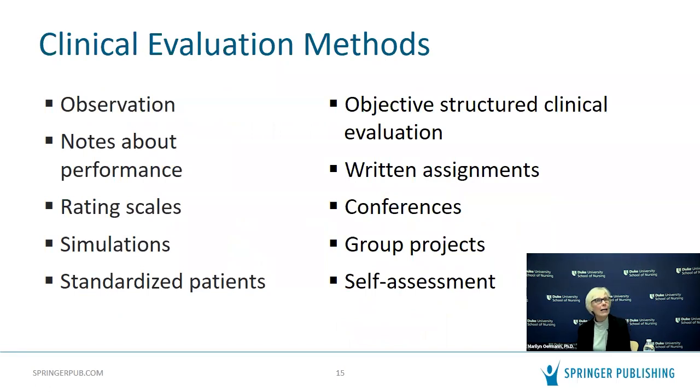We have lots of clinical evaluation methods that have been described over the years, and I don't have time in this webinar to go over those, but this is a good slide. We think a lot of times just about observation, but actually we're using simulation or SPs or written assignments in courses, your rating scale. Any of these can be matched to the competencies that you are evaluating in your course.